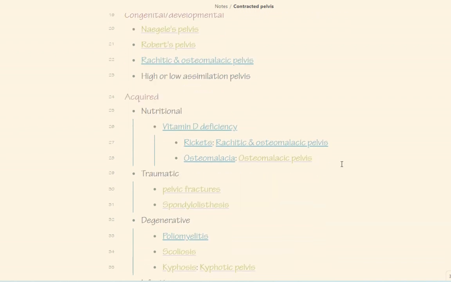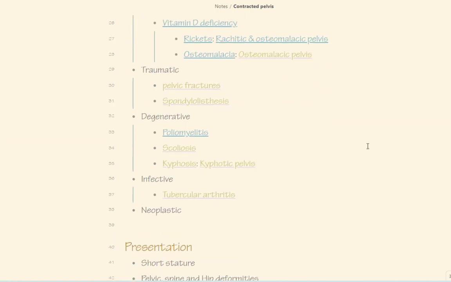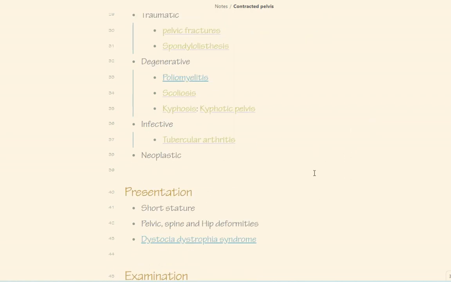Acquired causes include rickets, like vitamin D deficiency, also rickets and osteomalacic pelvis, trauma, pelvic fracture, dislocation of the lumbar vertebra, spondylolisthesis, degeneration like scoliosis, kyphosis, poliomyelitis, infection like TB, and neoplastic causes like bone tumors.